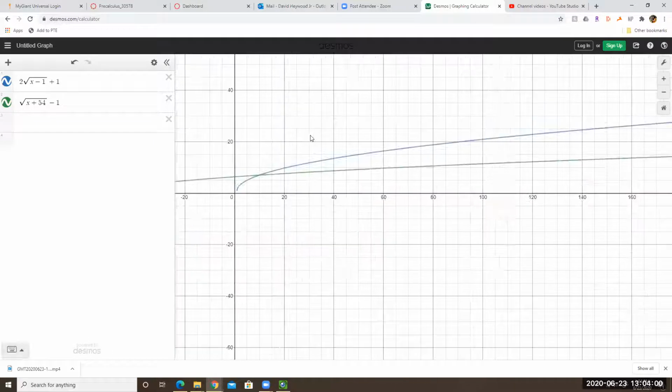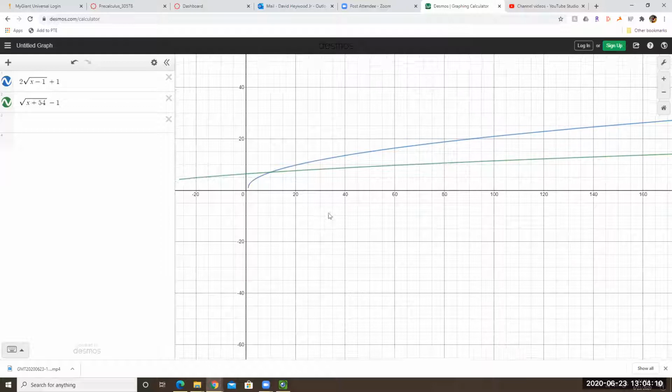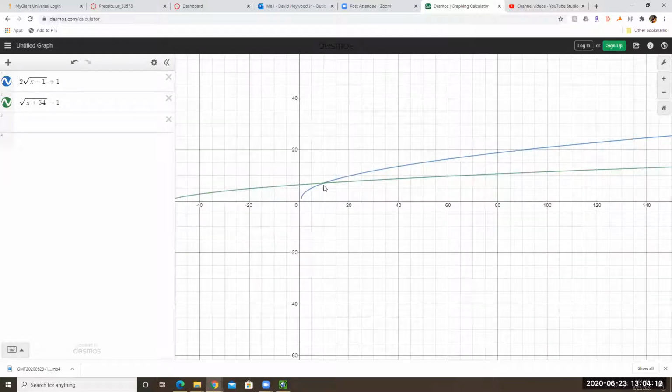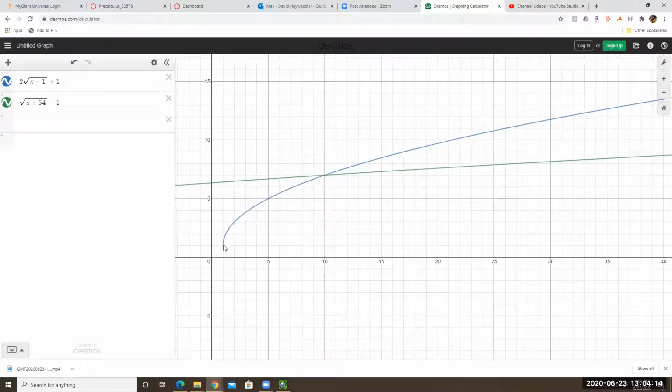So this is the scenario. We're interested in knowing when the blue is less than the green. The blue, it looks like, is less than the green between 1 and 10. After 10, the blue gets larger than the green. So that confirms our suspicion.